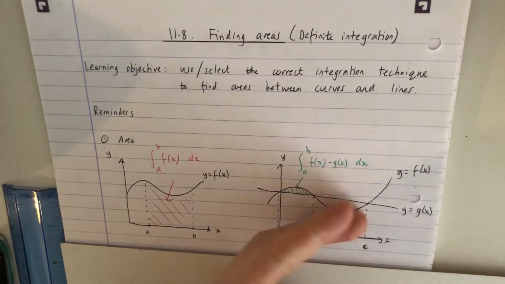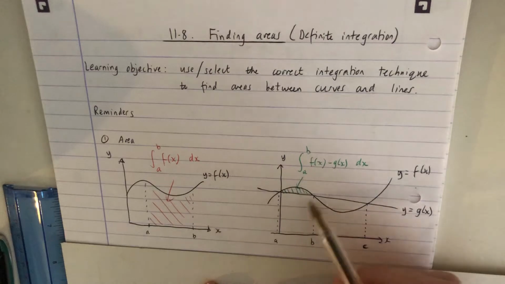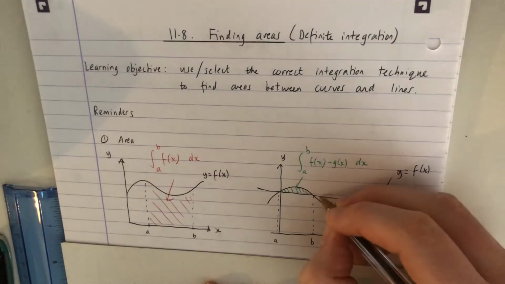If you got these the wrong way round, all that would happen is you'd get a negative answer. If you ignore the sign, the answer would be correct, but it'd just be negative. If you want everything to be positive, you have to do top take away bottom.